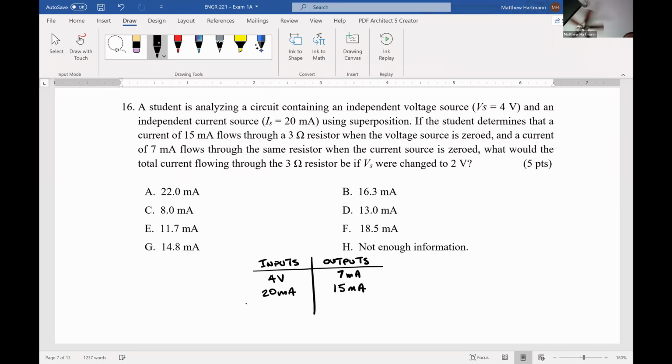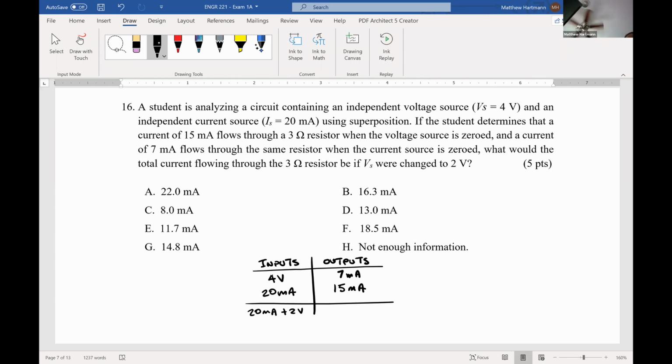So what we're trying to find is what happens when we apply 20 milliamps and 2 volts. Could you scale down the 4 volt input, and therefore the 4 volt output, and then add that to the 20 milliamp output? Exactly correct. That is exactly what I want you to do.